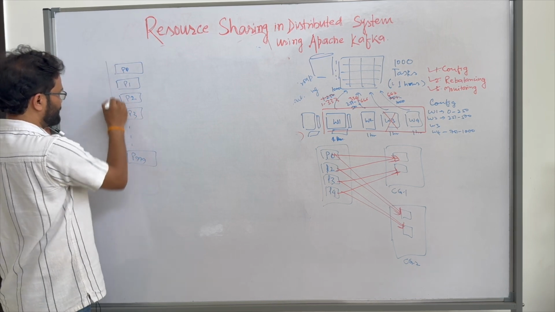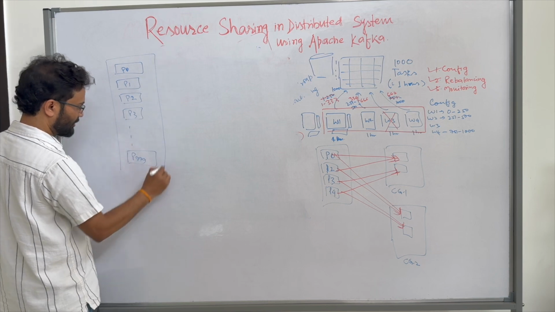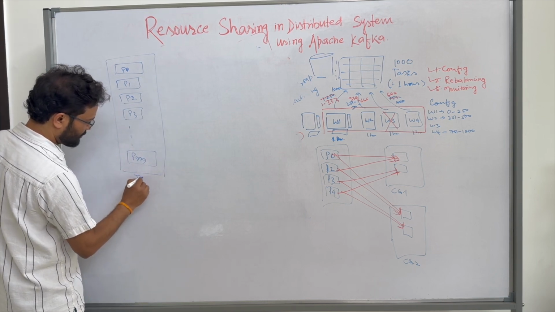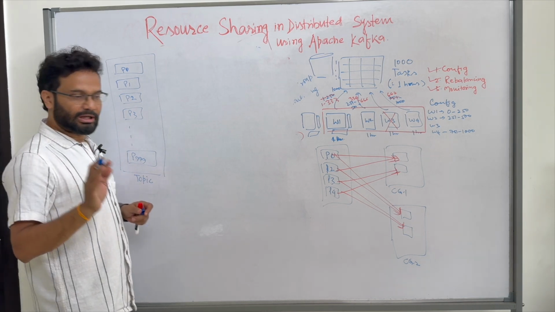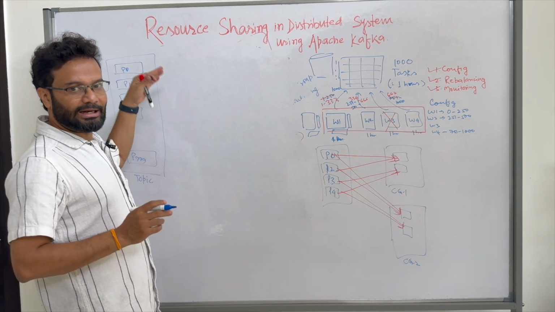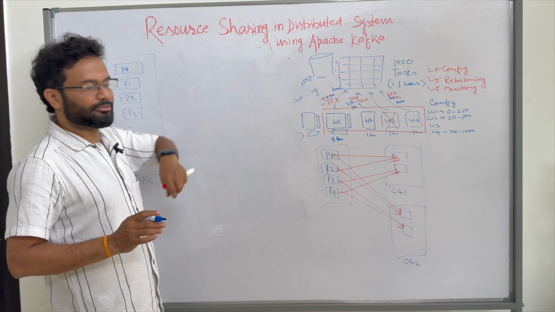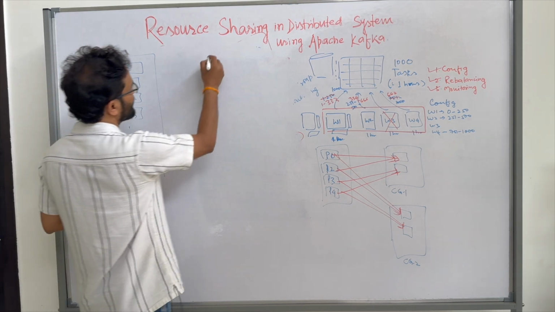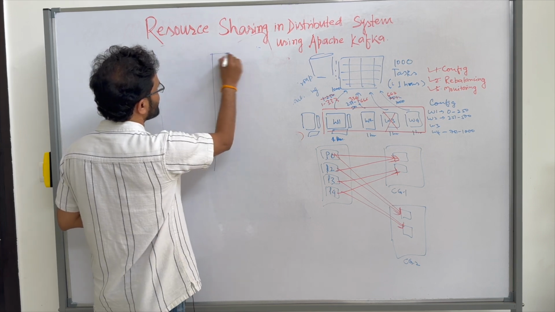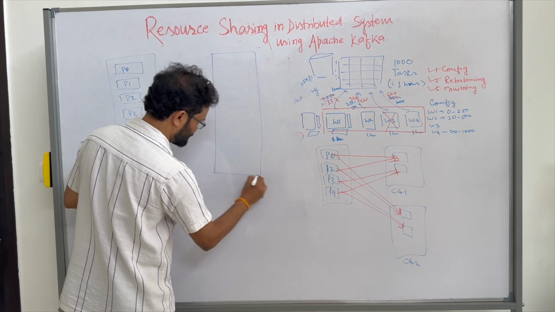So here are the 1,000 partitions in one topic. We are not going to receive any data in Kafka; you are only taking advantage of this concept to solve the problem. The topic is created. Now you create one consumer group.